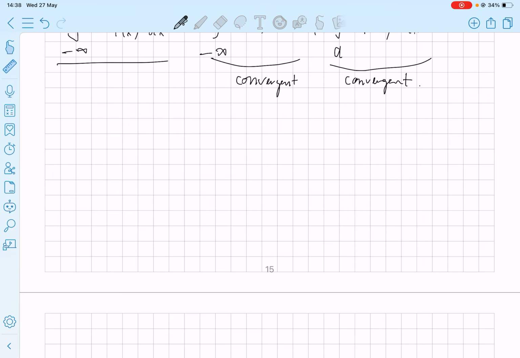Example number 1: evaluate the integral from 1 to infinity of 1 over x dx, if possible. What does it mean to say if possible? If it is divergent, you cannot evaluate it. Evaluate means the final answer has to be a number.